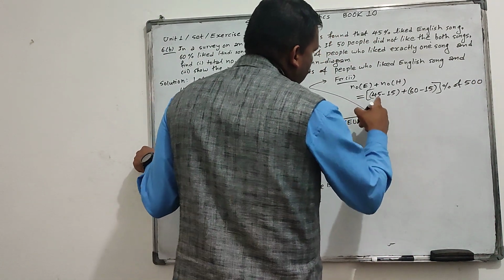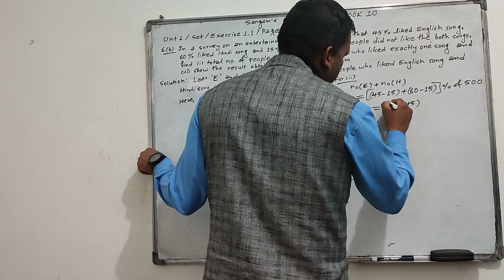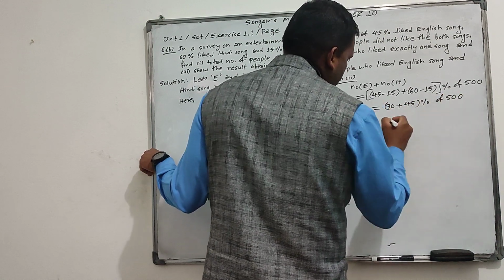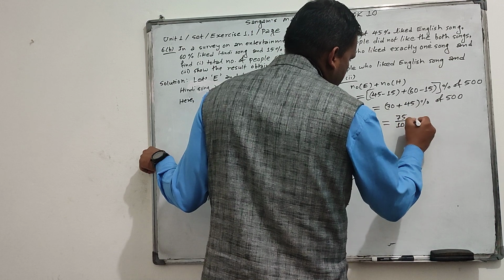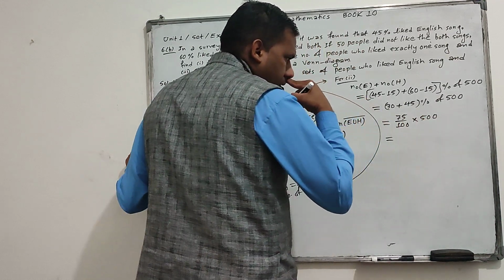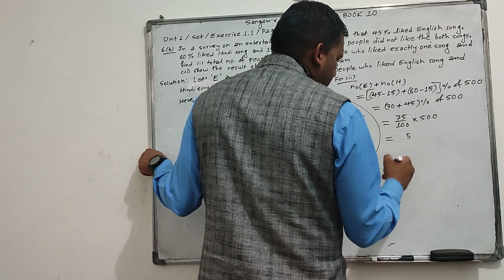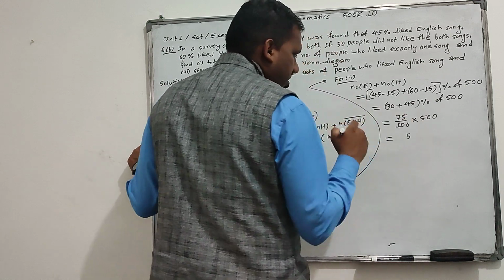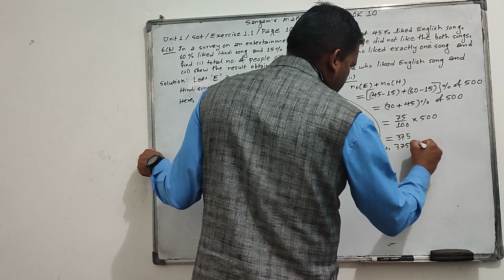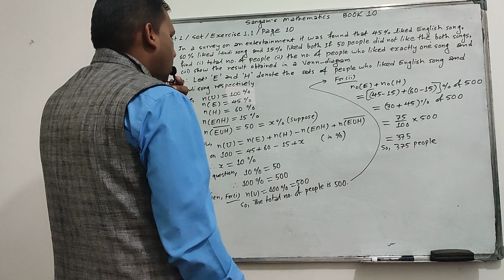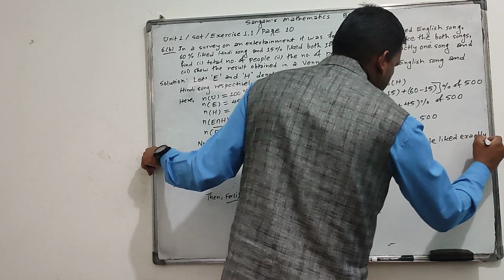So this equals 45 minus 15, 30, plus 60 minus 15, 45. 30 plus 45, that is 75 upon 100 into 500. 75 into 5 is 375 people who like exactly one song.